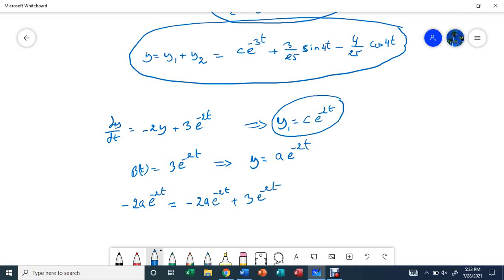And you see why it's not a good guess, because I'm going to get 0 here, so this and this cancel each other, so I'm going to end up with 0 equals 3e to negative 2t. So not a good guess.